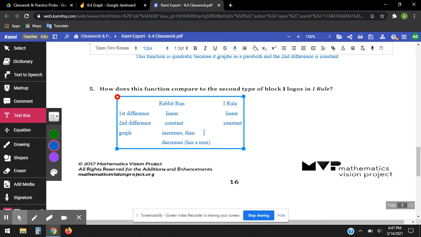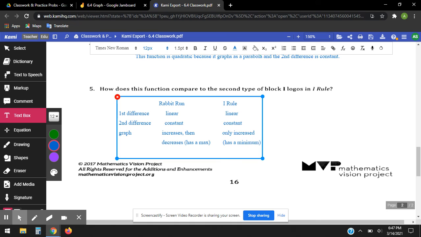The I rule, if you remember correctly, increased and had a minimum. Remember, it was just going up. Right? What else can we compare?